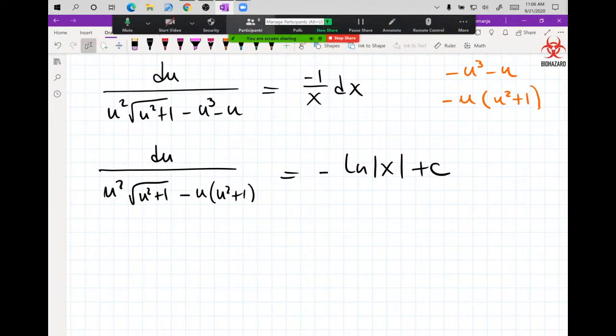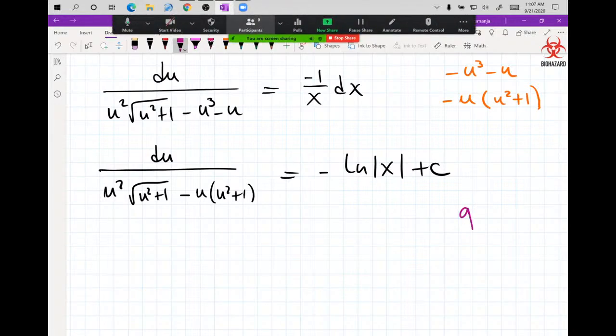On the left I can still do some work. Can I use substitution here? No. Or maybe I can. Let's see.